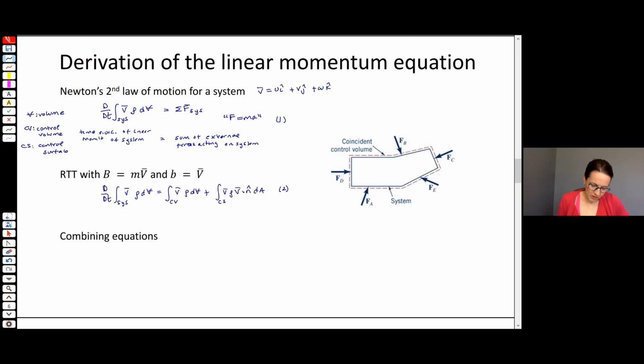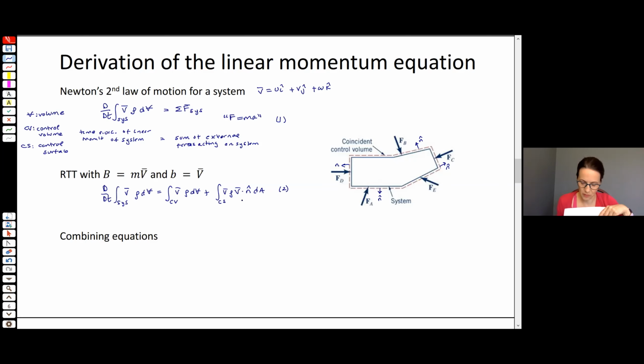Now let's talk about this little unit vector n. It's a really important quantity when we work with this equation. We have to remember always that it's pointing normal outward from the control surface. So wherever you are on the control surface, it's pointing outward. And because we're dotting the velocity with this unit normal outward, it's going to determine the sign of the velocity terms.